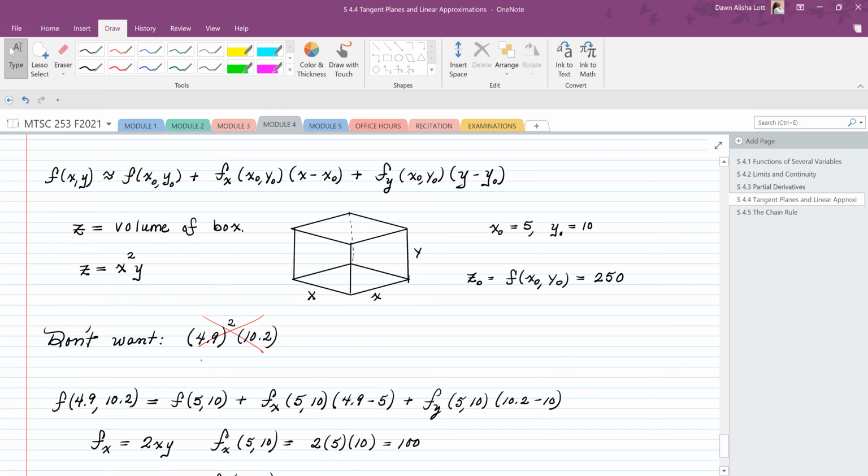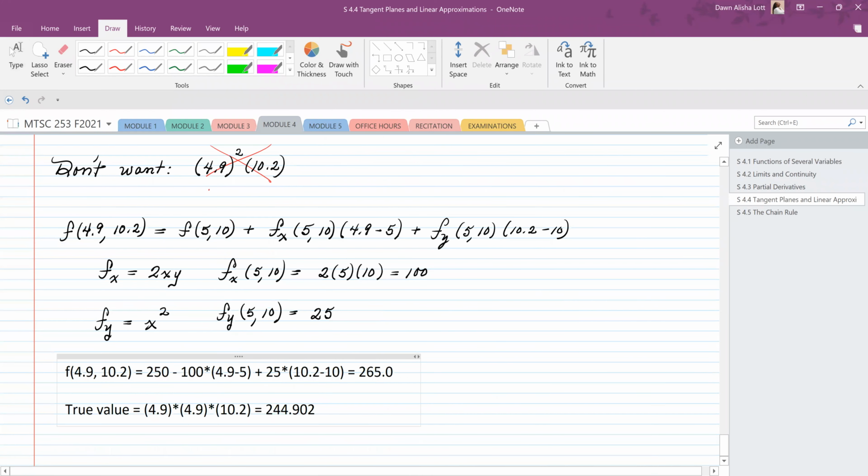Something's wrong. Okay, so F of 4.9, 10.2 should be F of what we originally knew, which was 5, 10. So F of 5, 10 is, do we do that right? 5 times 5, that's 25. 5, 10 is 250. That's 250, okay. Did I put 250 in there?